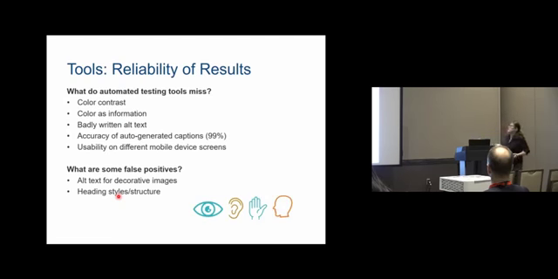Overall, on the reliability of testing tools, they miss color contrast pretty much altogether, right? So that's just a manual check. Color as information is really important, and that's something you have to manually check. It'll say there's no alt text, but it won't say badly written alt text. I've seen people put in alt text like where the file is on their computer, or some weird name, like they've just copied something.